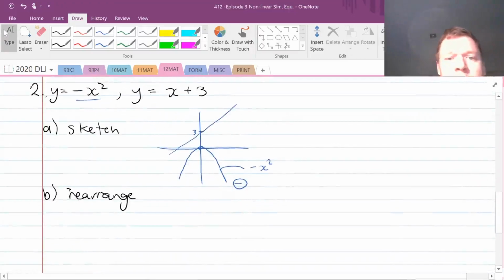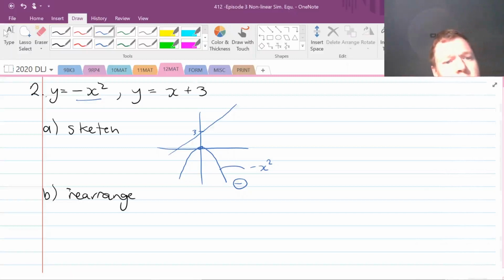So right off the bat, by just drawing it, you can sort of guess that it won't have a solution because it's not going to pass through any points on the parabola. But let's just check it anyway.